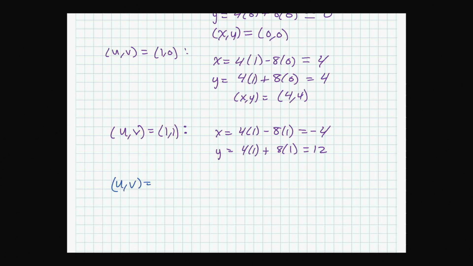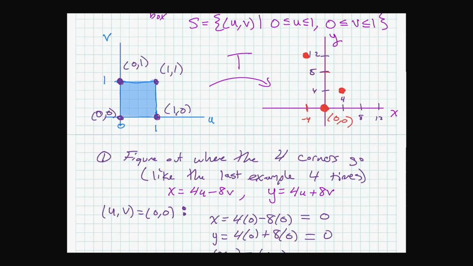UV is, what was it? 0, 1. So that's going to be X is 4 times 0 minus 8 times 1. That's going to be negative 8. Y is going to be 4 times 0 plus 8 times 1, which is going to be 8. I feel like I've ruined this. What did I screw up here?